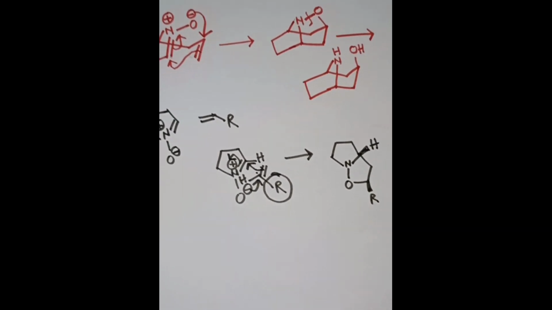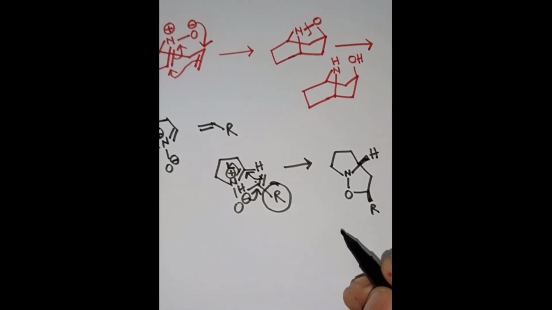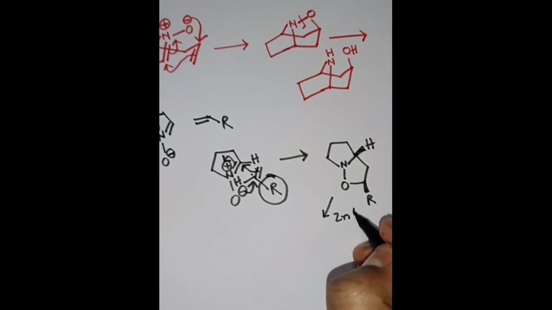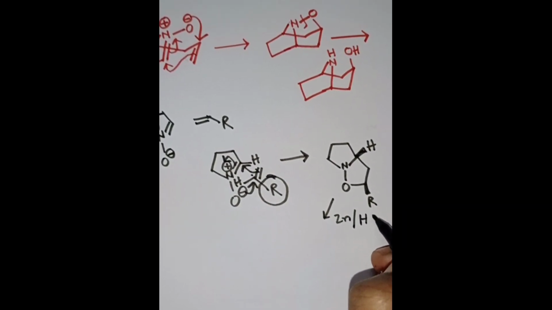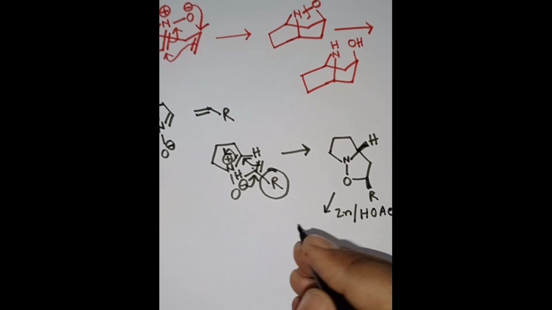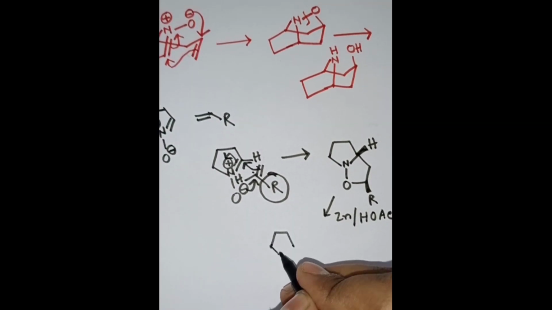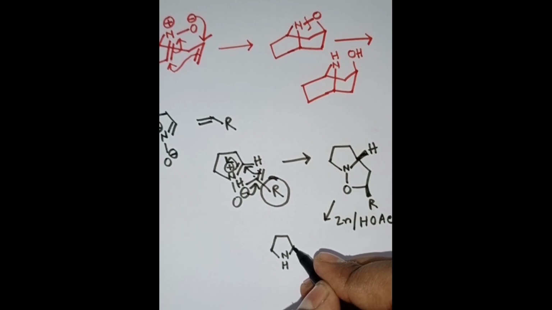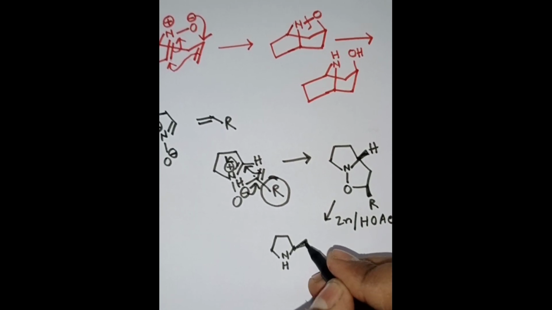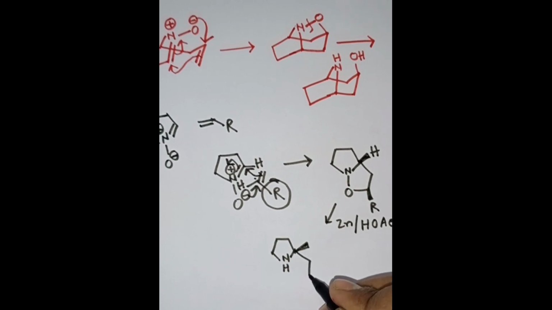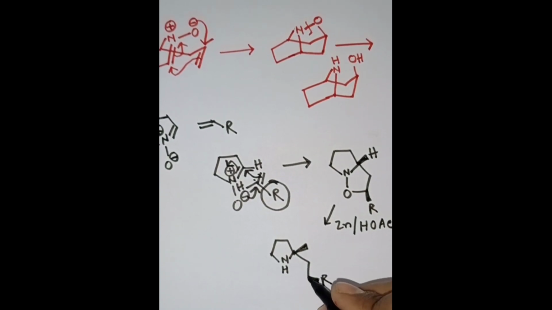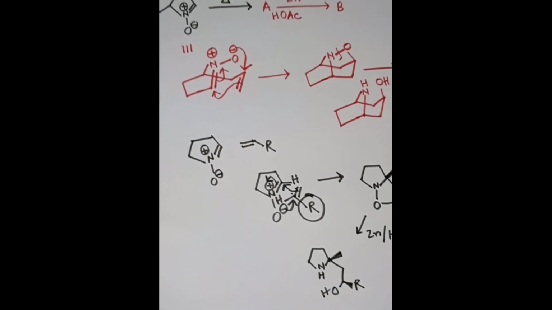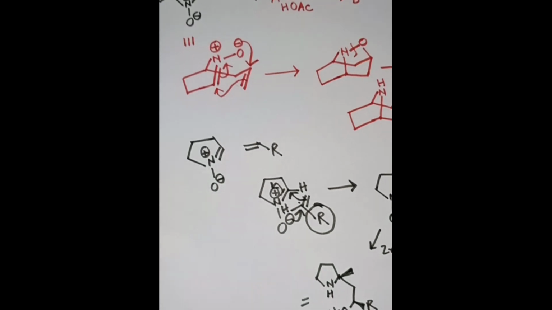So this will be the product. This is a very important example. So again, if we treat with zinc and HOAc, that time we will get this product. So this will be the product.